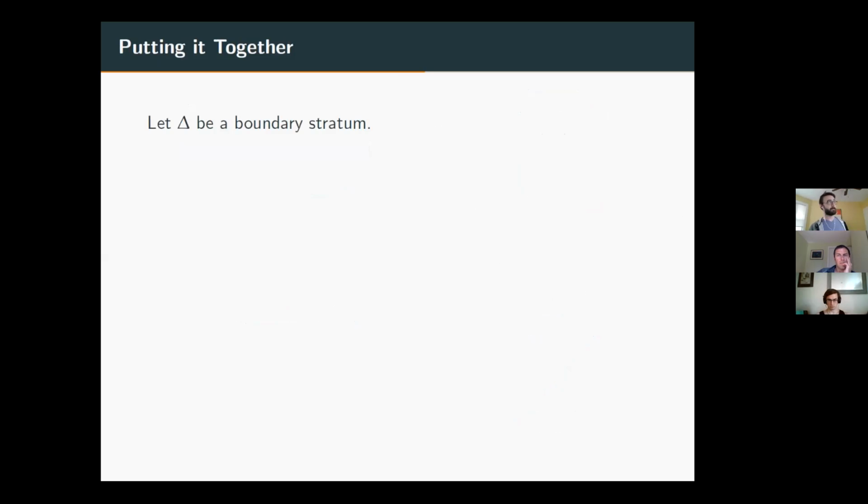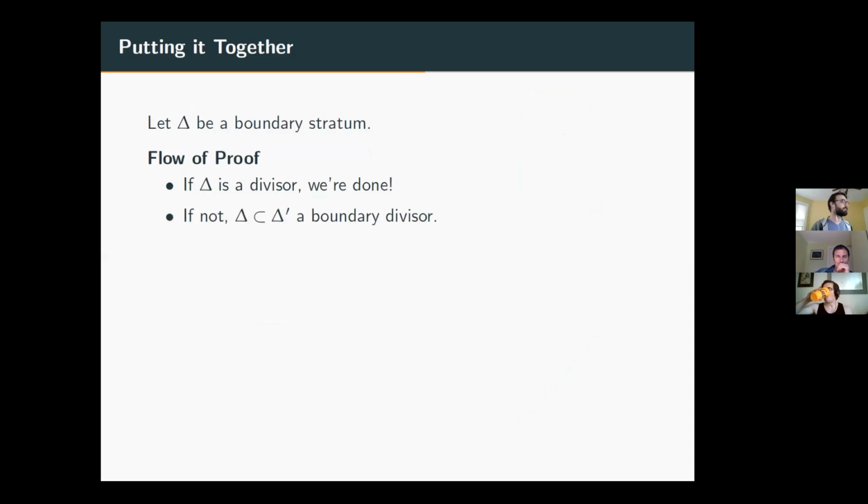So let's put it together. We'll let delta be any boundary stratum you want. Here's the flow of the proof based on the previous slides. I'm going to put it all down for you. Well, if delta is a divisor, we're done right away. So let's assume it's not. If it's not, it's contained in a boundary divisor. And by earlier comments, it's extremal in that boundary divisor.